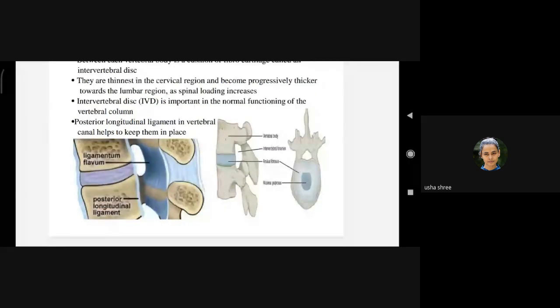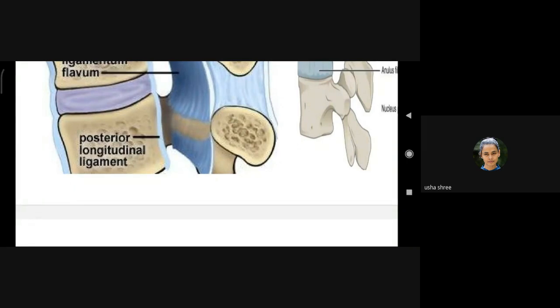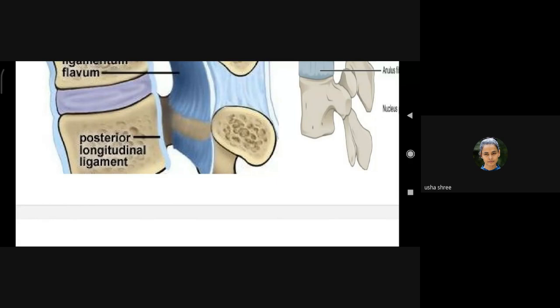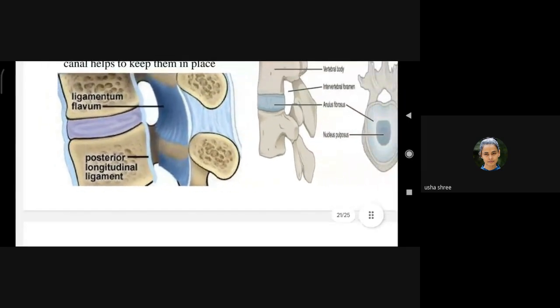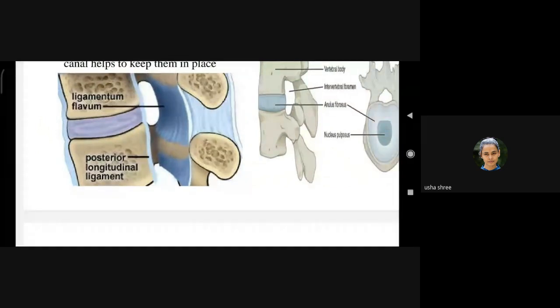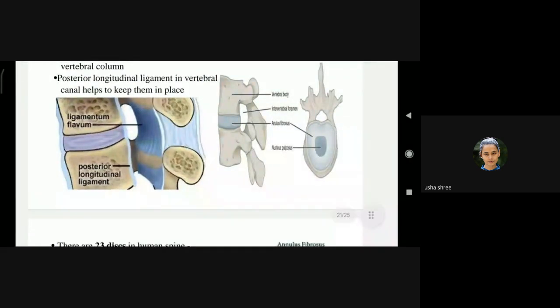This blue colored lining just beside the body of the vertebra is the posterior longitudinal ligament.